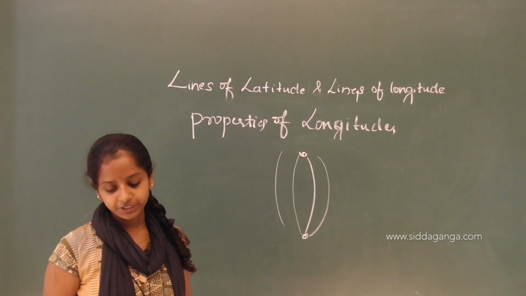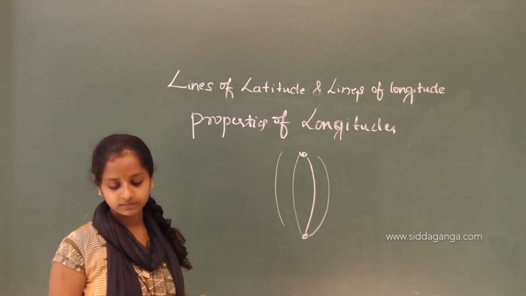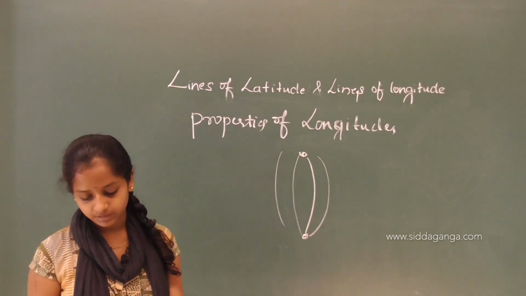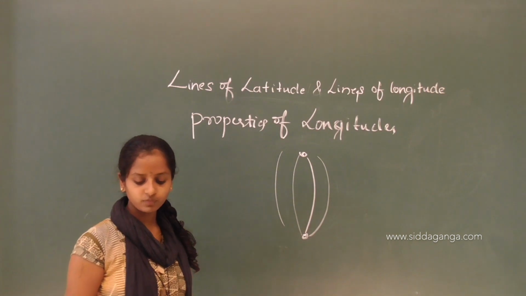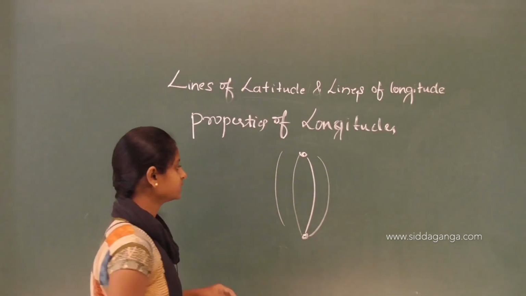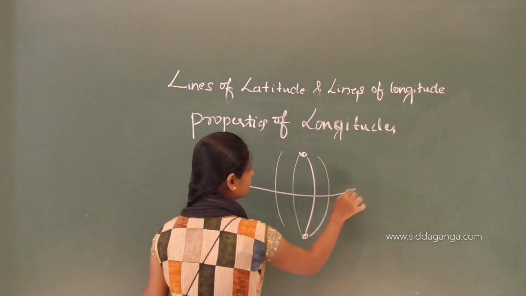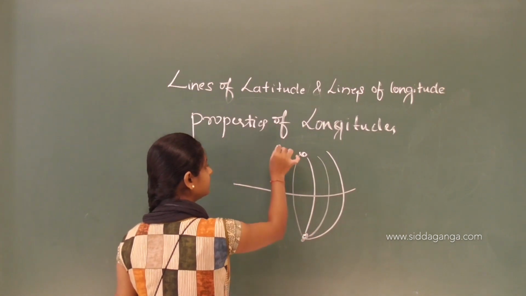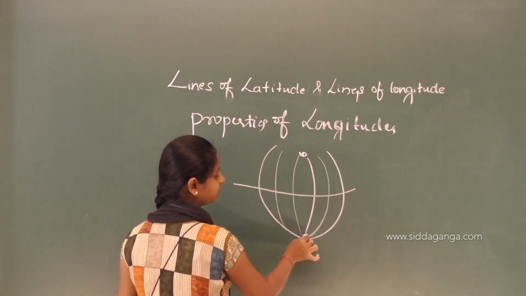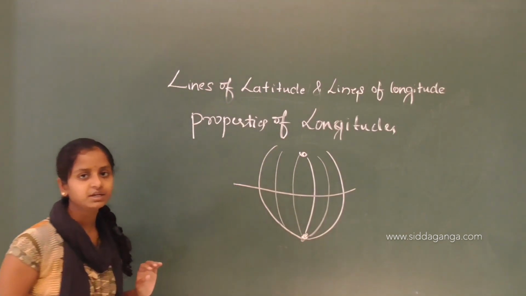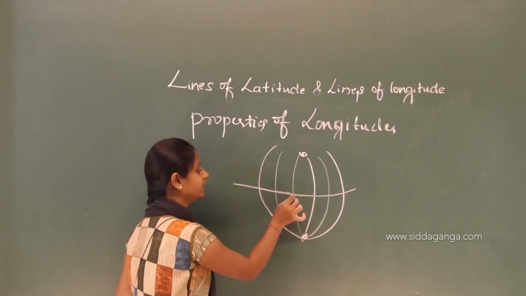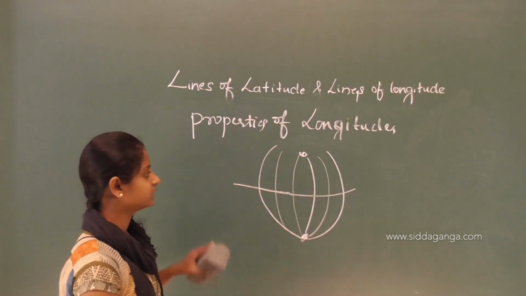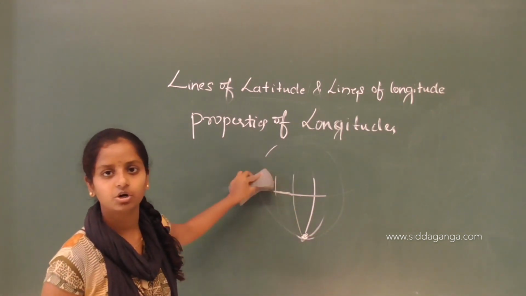The longitudes are the farthest apart at the equator, and gradually the gap between them decreases as we move towards the poles, where the longitudes meet. So at the equator they will be very far, but at the poles they will meet. So there are 2 properties of longitudes.